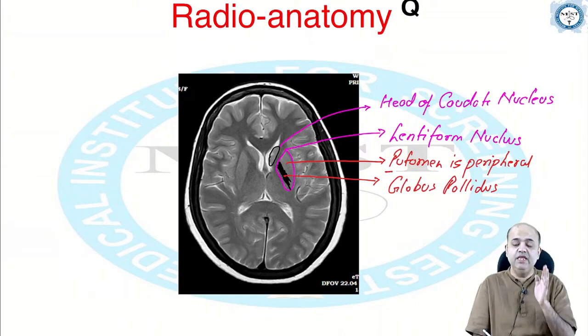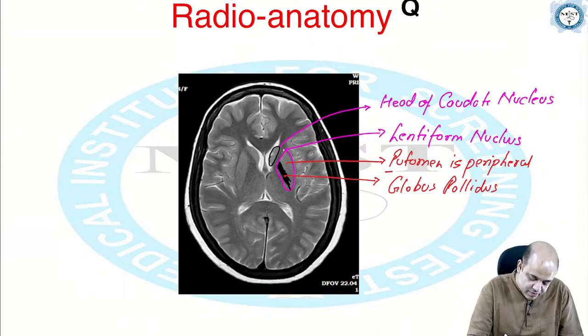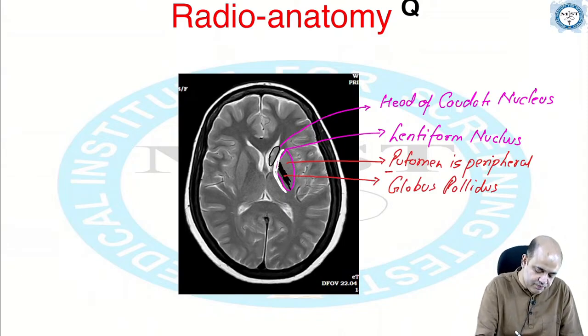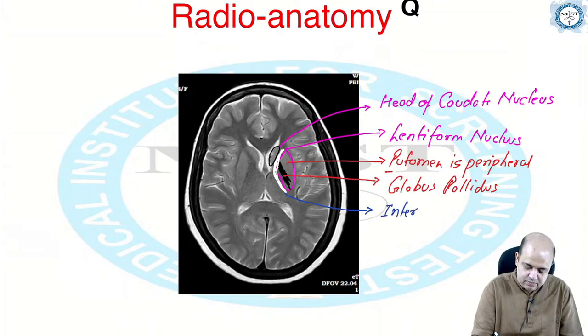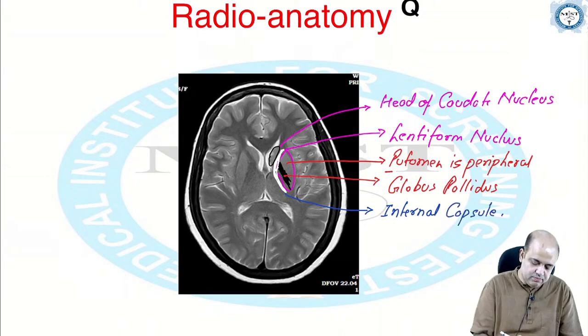Then between the lentiform nucleus and the caudate nucleus, we have a bow-shaped structure. This structure is called the internal capsule.